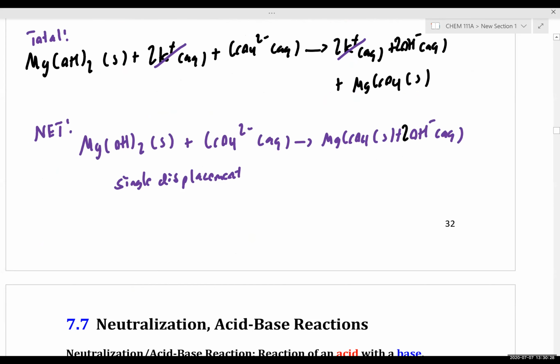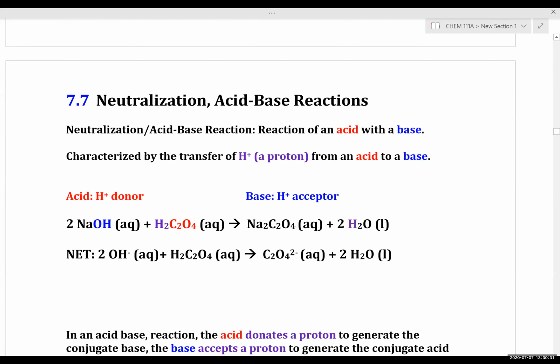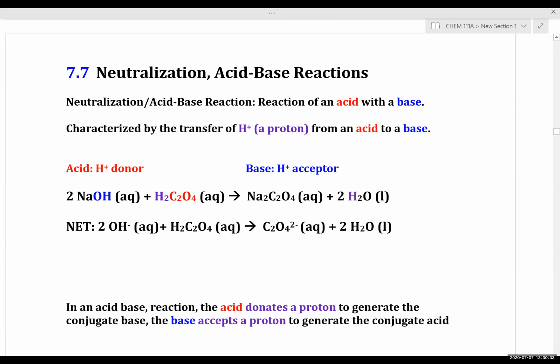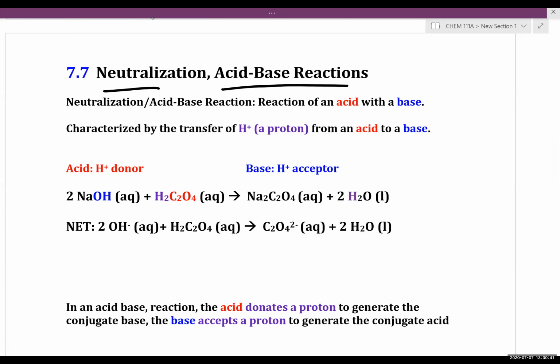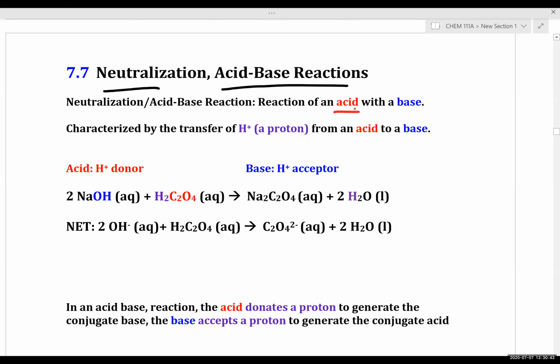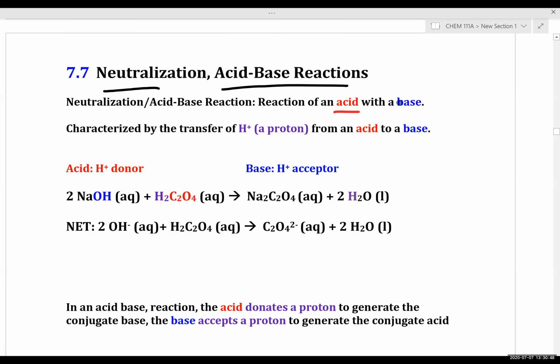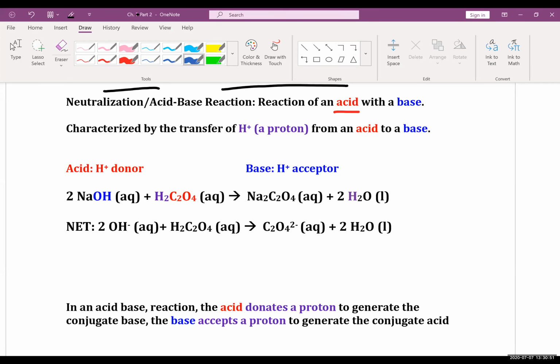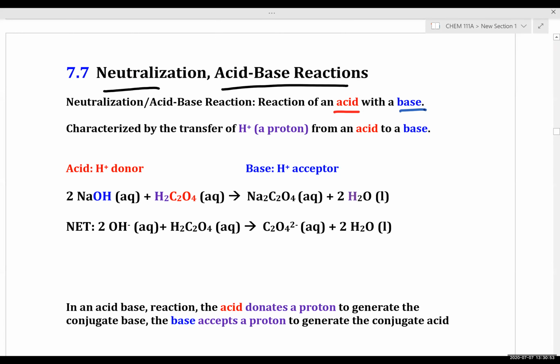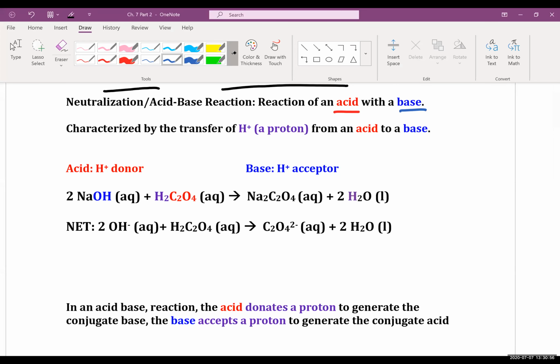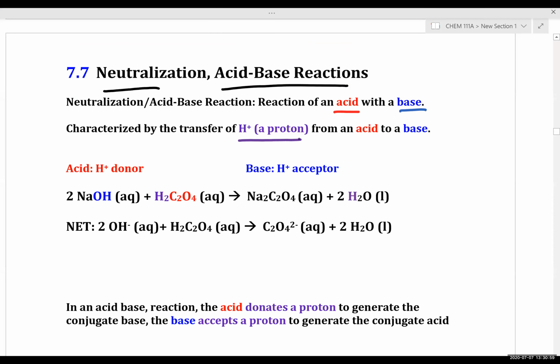Okay, so let's keep moving on and let's discuss the next major class of reaction, which are neutralization and acid-base reactions. So a neutralization and acid-base reaction involves the reaction of an acid with a base. Now, the key feature of an acid-base reaction is the transfer of H+, otherwise known as a proton, from the acid to the base.